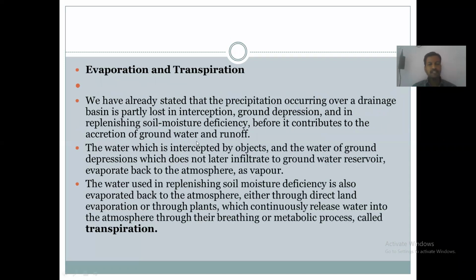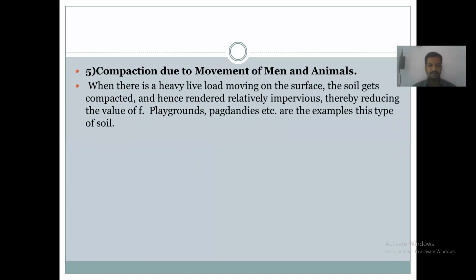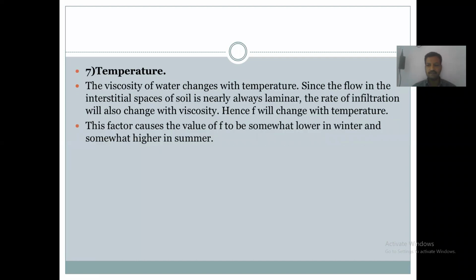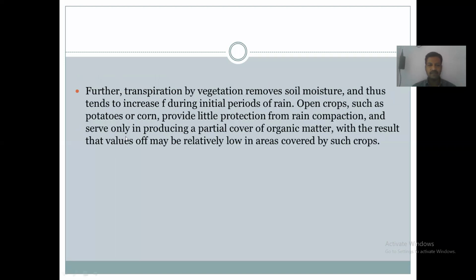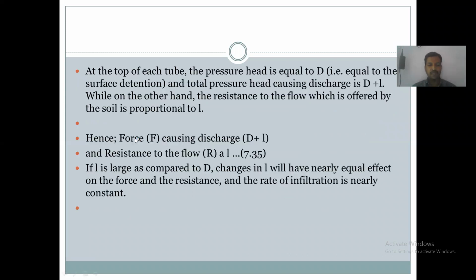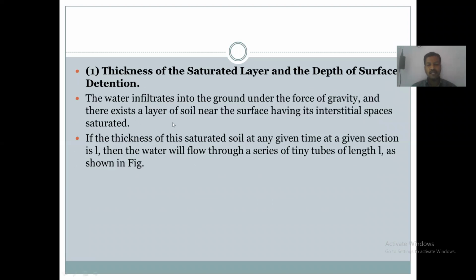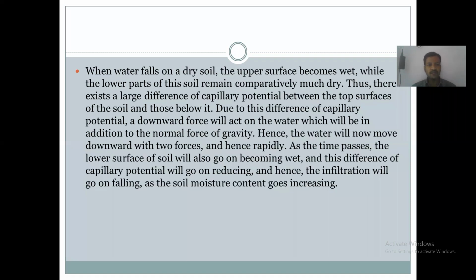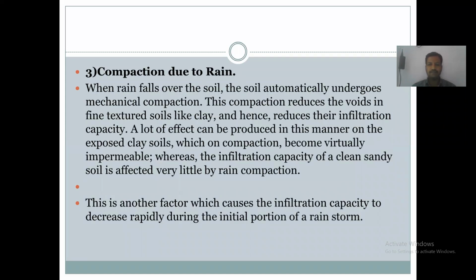These are the various factors related to infiltration capacity. So what did we see? Thickness of saturated layer and depth of surface detention. Second factor, soil moisture. Third one is compaction due to rain.